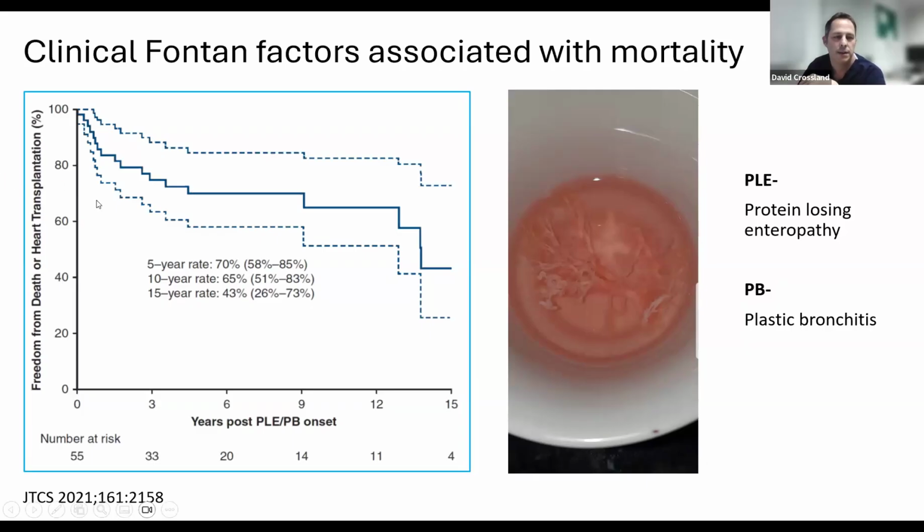The slight problem with this is that mortality at 2 years is not quite 20%. And of course, the main indication for transplant is a 2-year survival estimated at 50%. So these patients, just at presentation with plastic bronchitis or protein-losing enteropathy, shouldn't necessarily be referred for transplant.